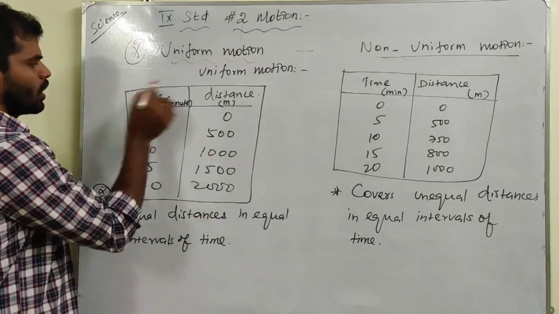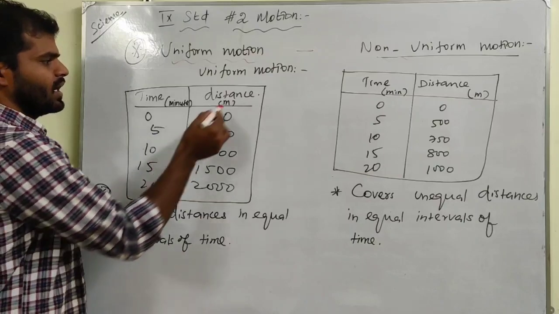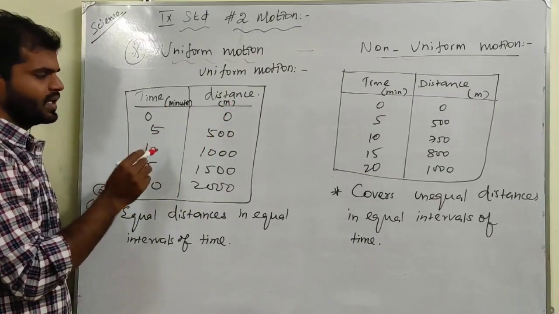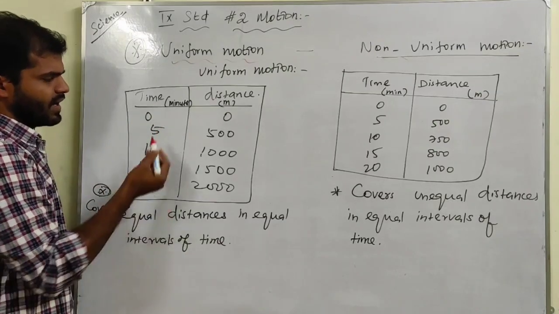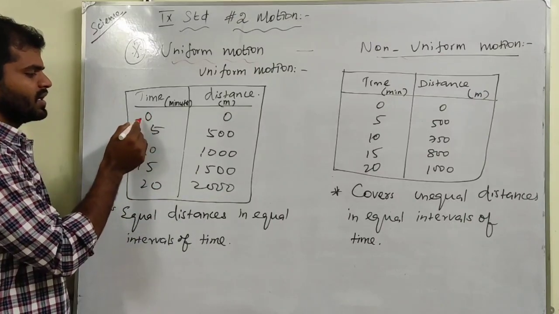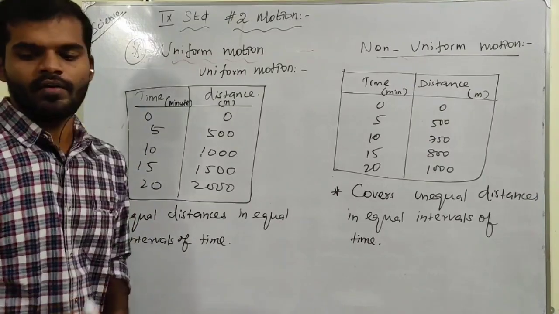For example, a car. You take one car that has taken time to travel and covered distance. So time, that is the equal interval that we have to take, that is 0, 5, 10, 15, 20, in minutes. So the time interval between one to another is 5 minutes, right? So equal interval of time, that is 5 minutes.